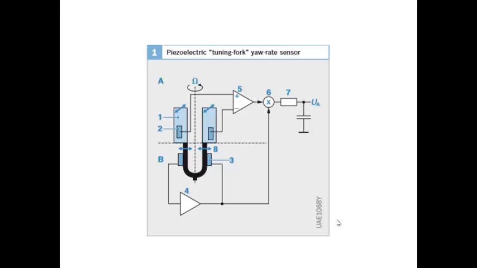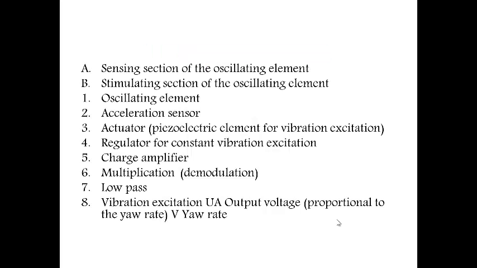The upper section of the oscillating elements will move when there is no turn or rotation, when the vehicle is moving in its vertical direction. When it is cornering or taking rotation, the lower part of the tuning fork piezo elements will start to oscillate, and so they will leave the oscillating plane, and thus the voltage will be generated.